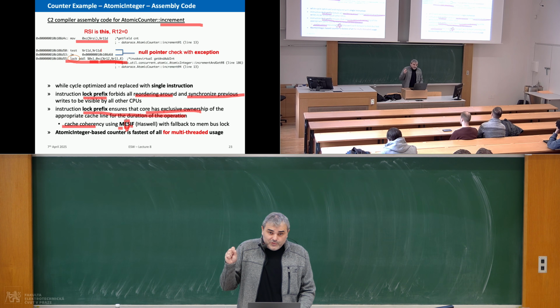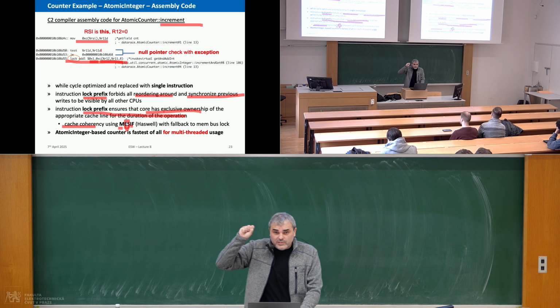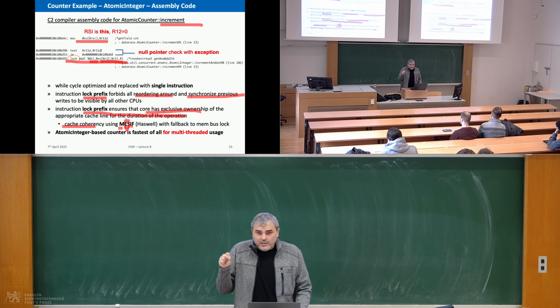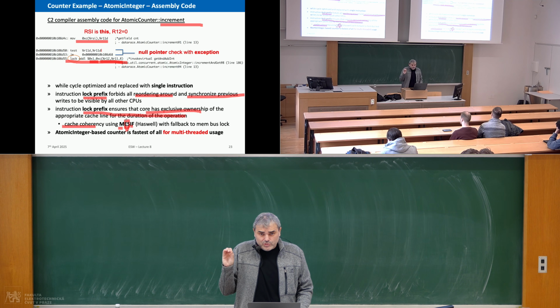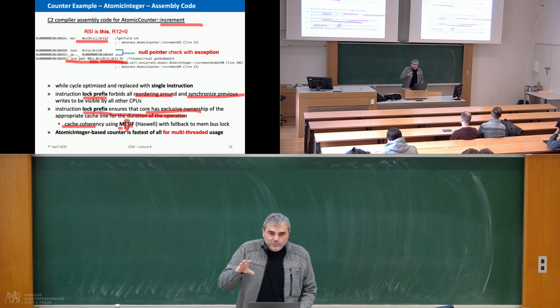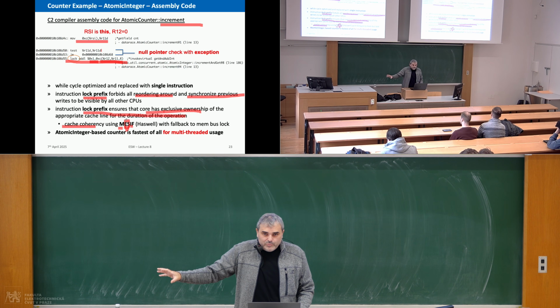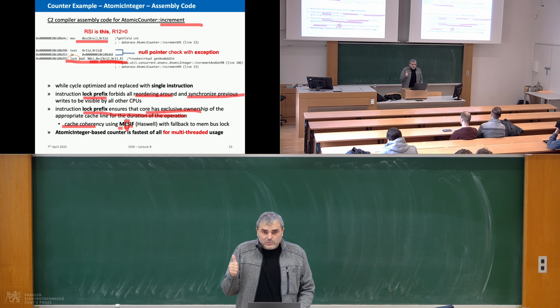So the CPU has to, in its own L1 data cache for that particular cache line position, get the exclusive flag. And only a single core, a single cache in the whole CPU or even multi-CPU system, can own the exclusive flag on the same address. And that's done by this lock prefix.